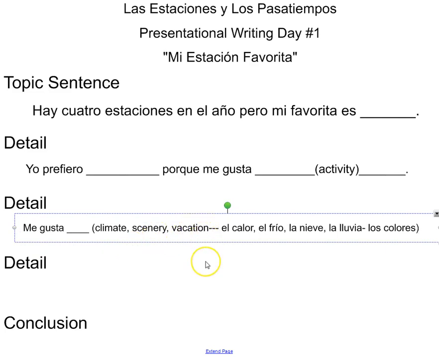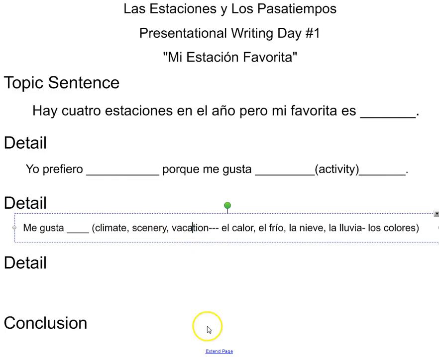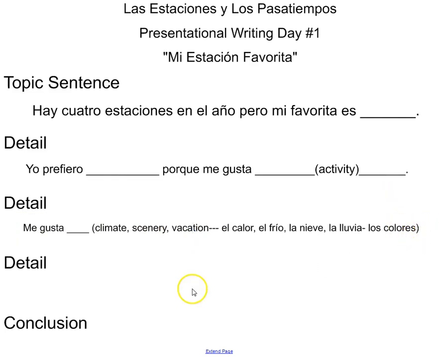Certain things happen as far as vacations. If there's something specific that you want to look up here, this would be a perfect time to use a dictionary or a translator, okay? For this section right here. Then, right here, detail number 3, we're going to add the word también, which means I also, okay? También me encanta.